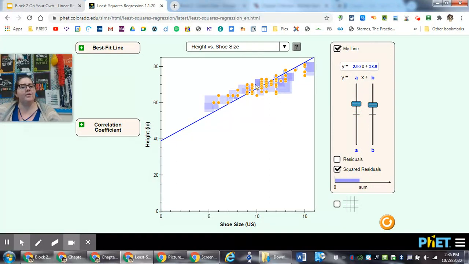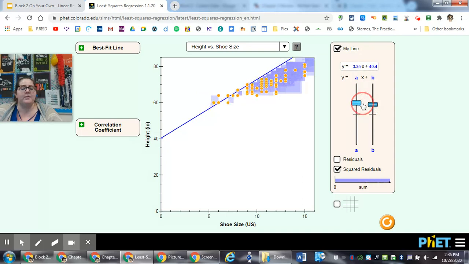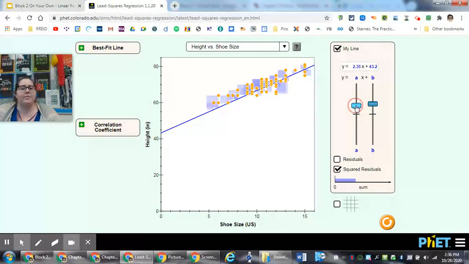When we add all those areas together, we want that sum, which is represented down here, to be as low as possible. So I can sit here and play with where the slope and y-intercept need to be to make that sum as low as possible.